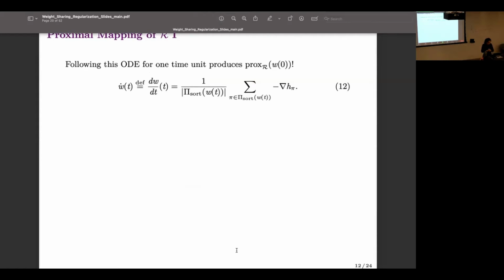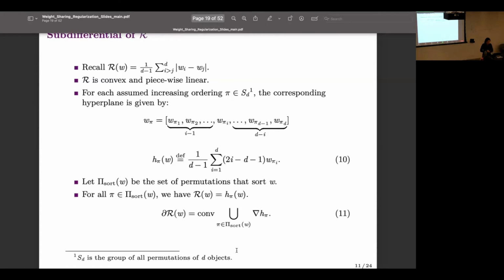Here, if I don't want to have all the pi, is it the case that R of W is the sup over all pi of H pi of W? The supremum happens when the weights are sorted. Good.